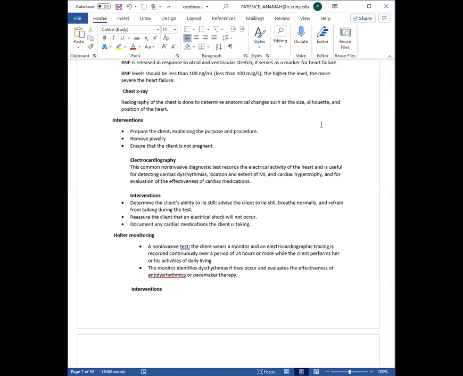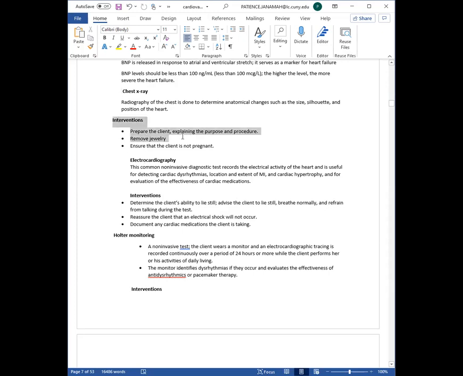So they are able to interpret it based on what they see on the EKG or on the X-ray picture or on the X-ray film. They used to print them before. Right now it's just digital form. I know some places still use the printing form, but right now the majority of facilities have the X-ray as digital pictures. You log into the patient chart, you're able to view everything.